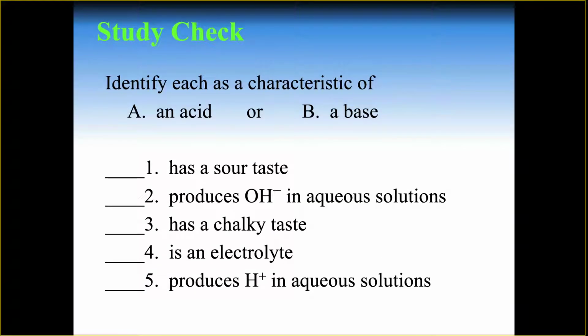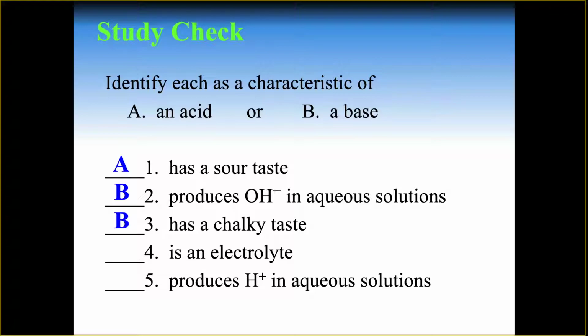Sour taste, acid. Produces hydroxide, that's got to be a base. Chalky taste, base. Electrolyte, both are electrolytes because both are ionic. Anything with a positive or a negative charge is an electrolyte, and it dissolves in a solution.